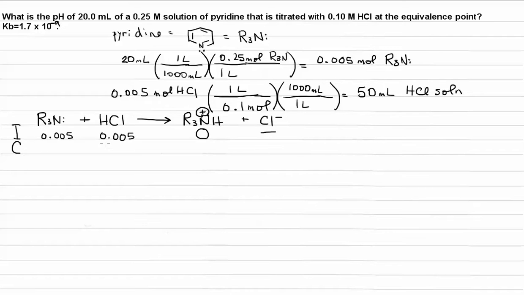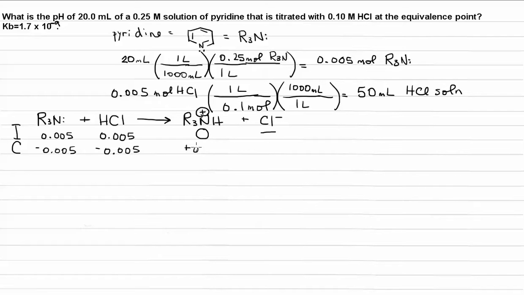Now, for the change in an ICF table, you're looking at the stoichiometry of the reaction. Which one of these reagents is in excess? Which one is limiting? At the equivalence point, you're at this perfect place where they are both absolutely equal to each other. So during the course of the reaction, all of the pyridine will react with all of the HCl.